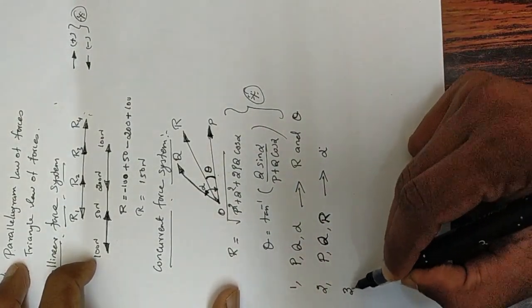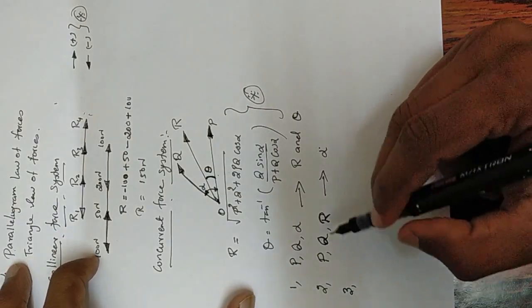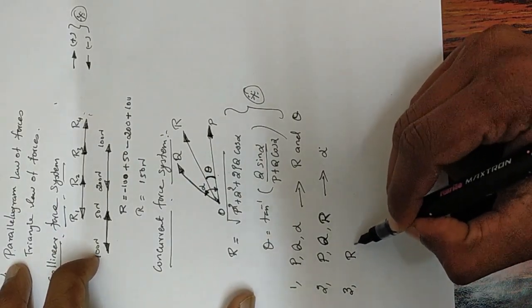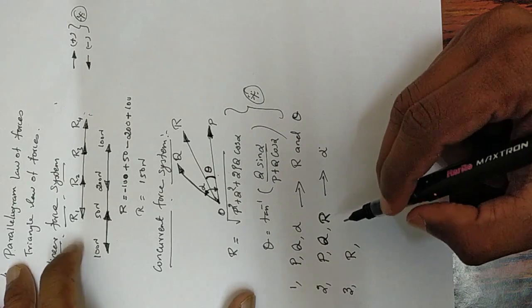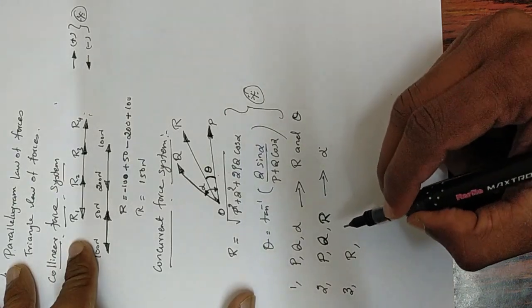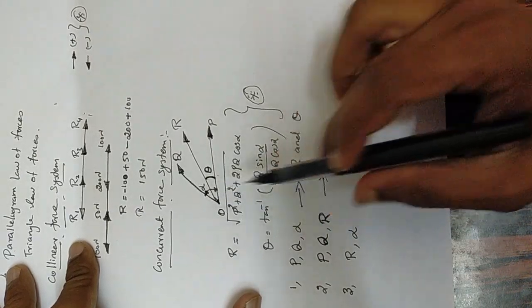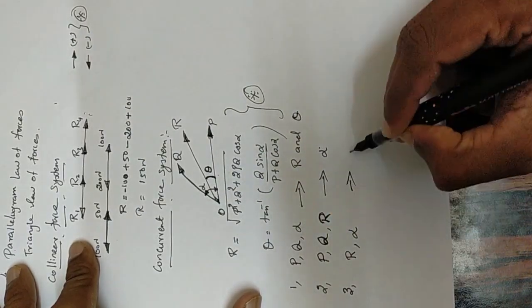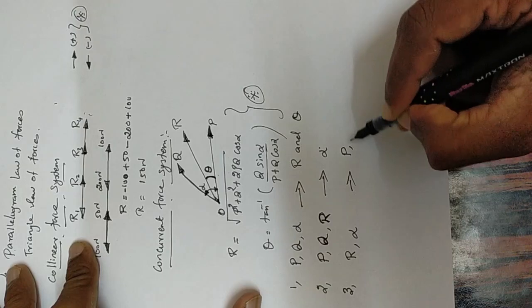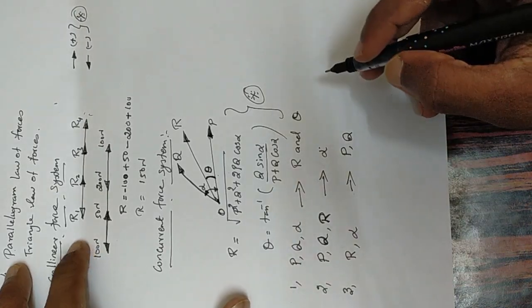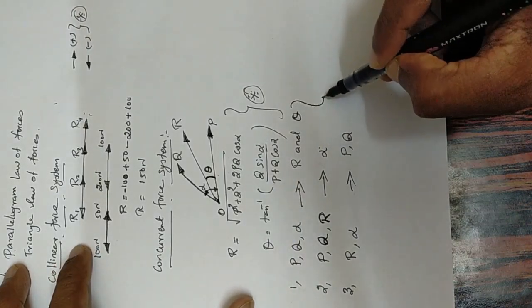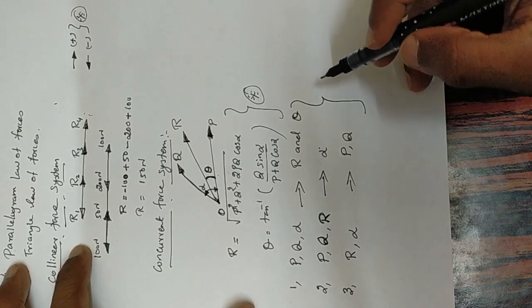The third possible way to ask the question: R, the resultant force, and alpha, the angle between these two forces, are given in the problem. We should find the P as well as Q value. These are the three possible ways to ask the question.